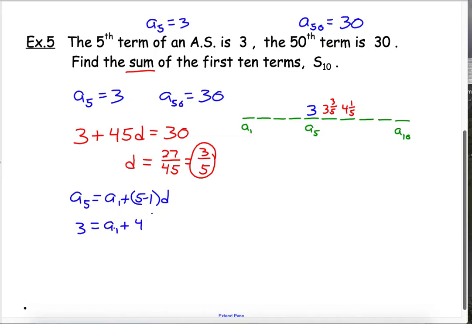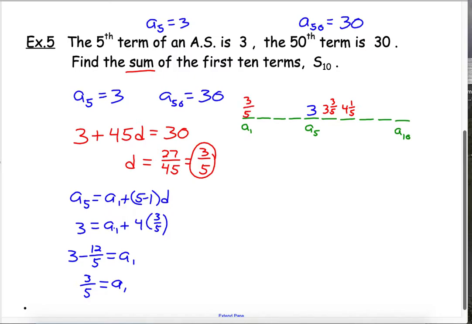And I know the common difference was 3/5. So I can figure out the first term. It's going to be 3 minus 12/5. That'll be my first term. So that's 15/5 minus 12/5, which coincidentally is 3/5, the same as our common difference.